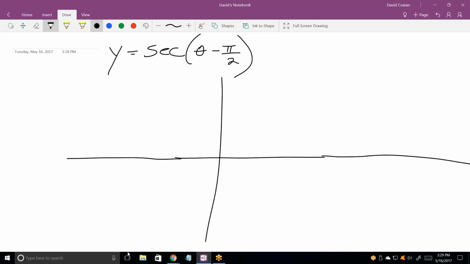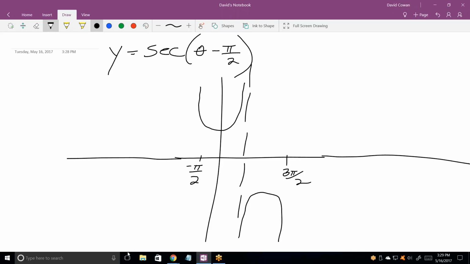First of all, I'm going to draw just y equals secant theta. That is 3 pi over 2. That is minus pi over 2. In other words, I'm going to have vertical asymptotes wherever the cosine is 0.